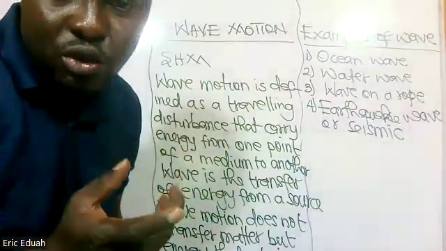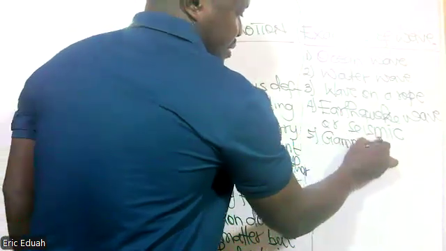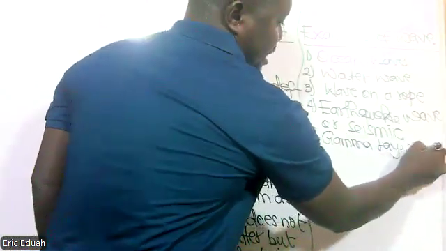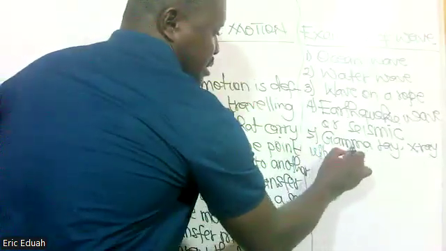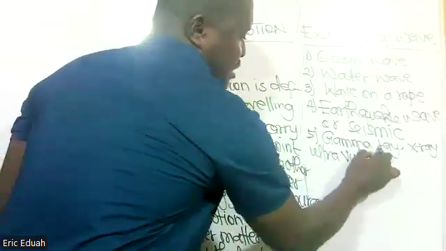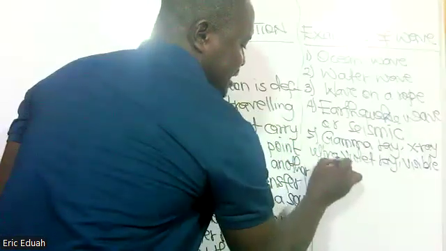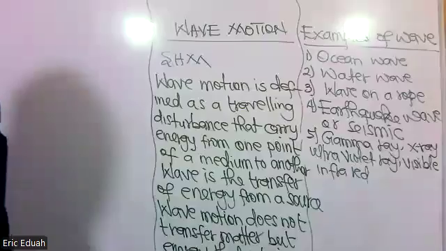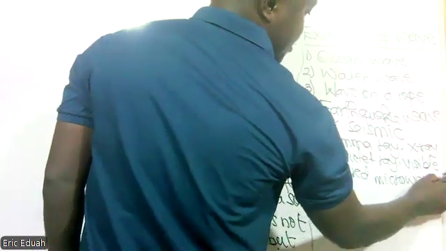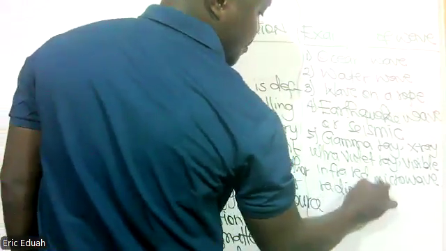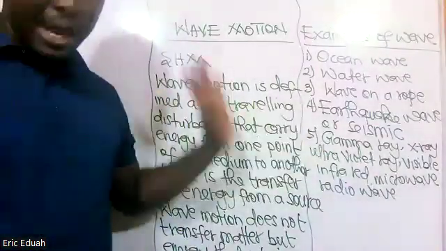With electromagnetic waves, we can talk about gamma ray, X-ray, ultraviolet, UV light, visible light, infrared, microwave, radio waves. All these electromagnetic waves are examples of waves.